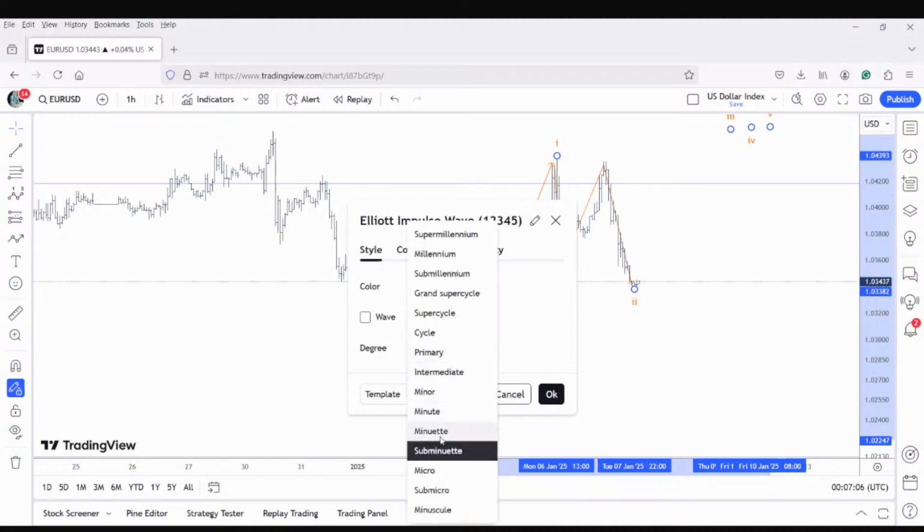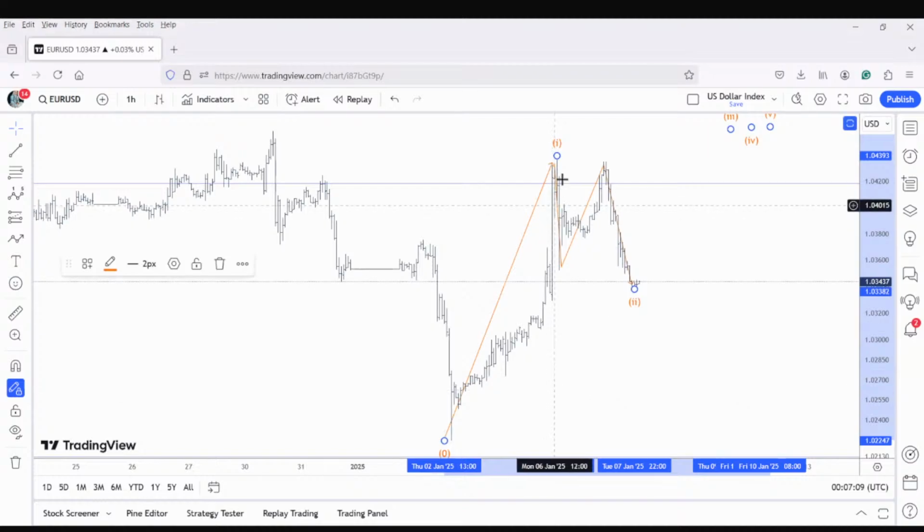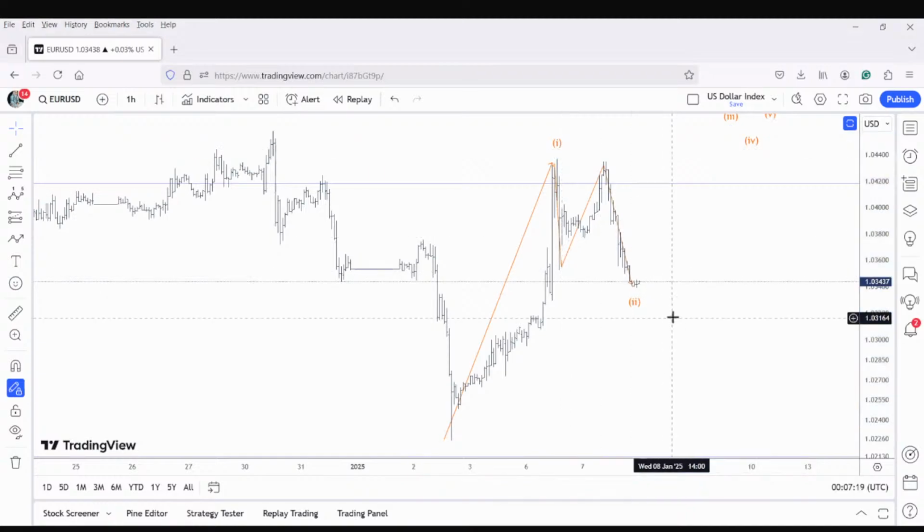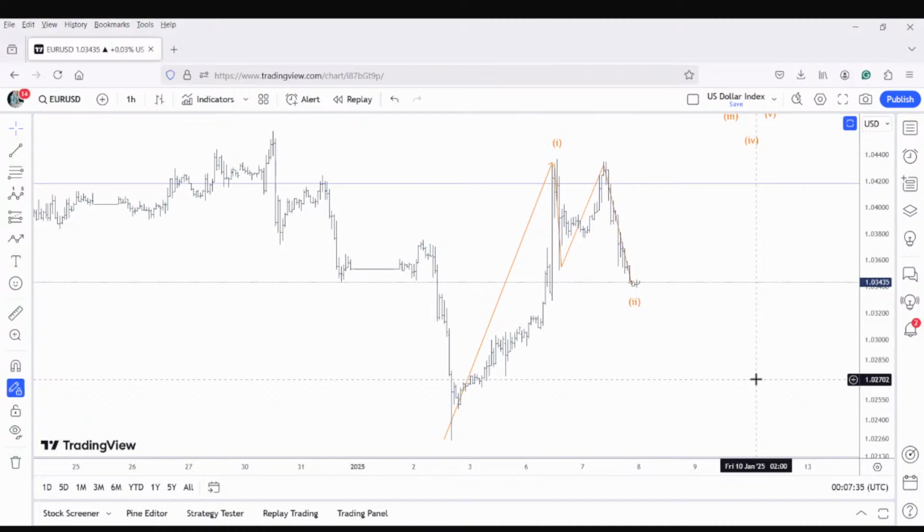I think it's better to keep the minute degree here because that one is already subdivided into five waves. So the minute or sub-minute is within the bracket one Roman. This looks more objective. So we've got wave one, wave two of the minute. When this completes five waves, we are going to see that minute wave one, and five minute waves is going to bring us wave C or wave three of the minor degree.